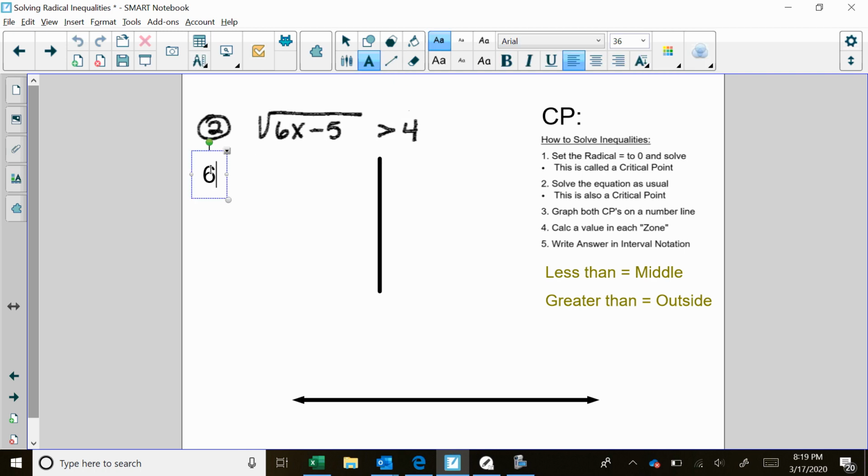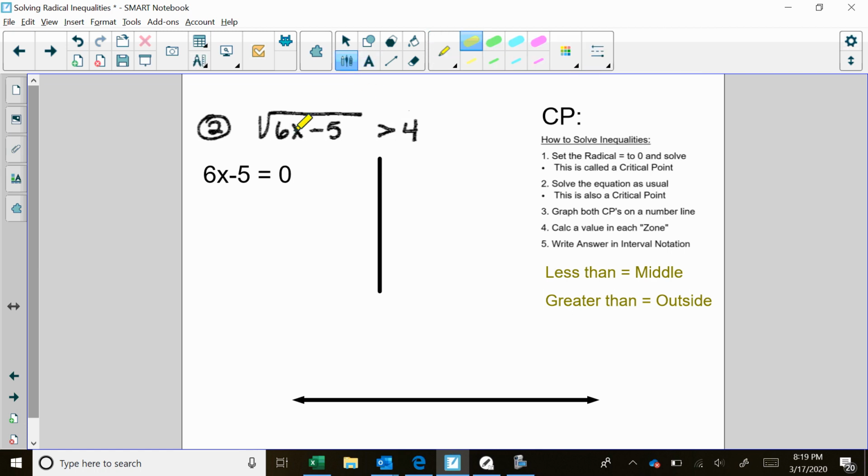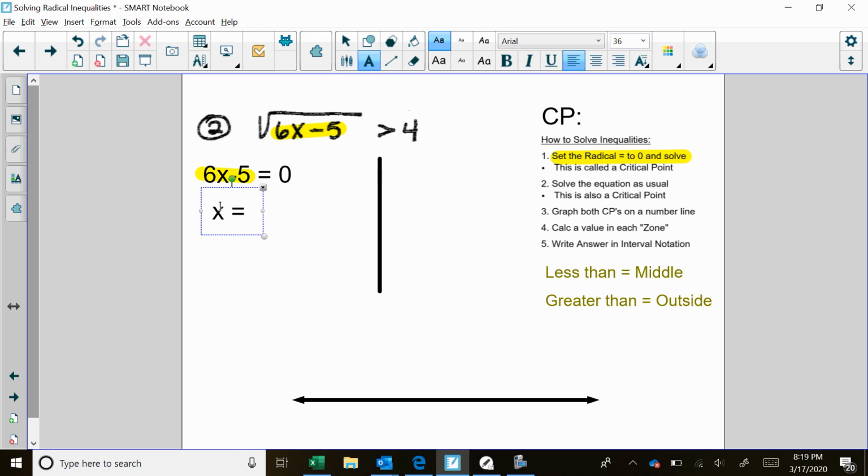That would be 6x minus 5 equals 0, which is what's inside the radical. That's the first step. Now we get to solve that. Add 5, divide by 6, and x equals 5 over 6.